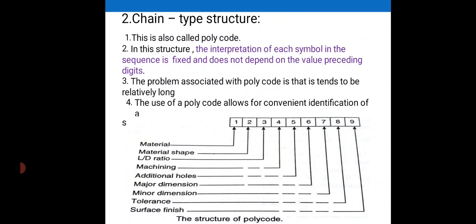The third digit indicates the L by D ratio, length to diameter ratio. Then machining details: additional holes, major dimension, minor dimension, tolerance, and surface finish. Each and every digit indicates different information.